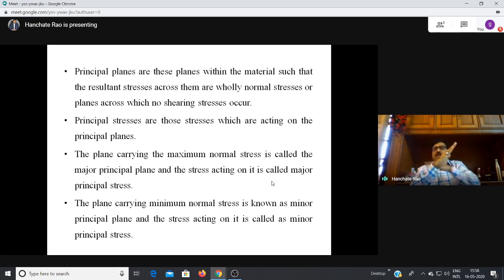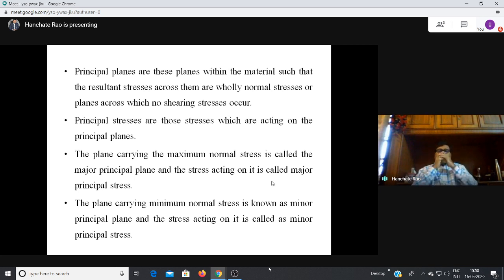So there is only one stress perpendicular to the plane. That is called a principal plane. And the normal stress acting on the principal plane is called a principal stress.